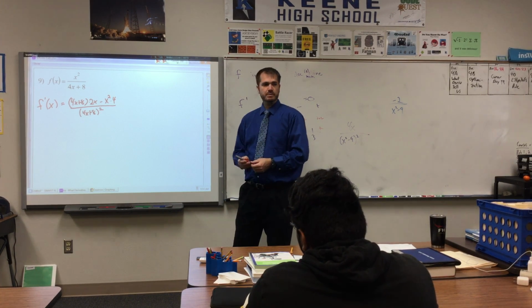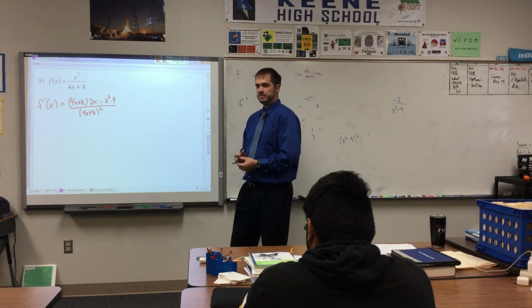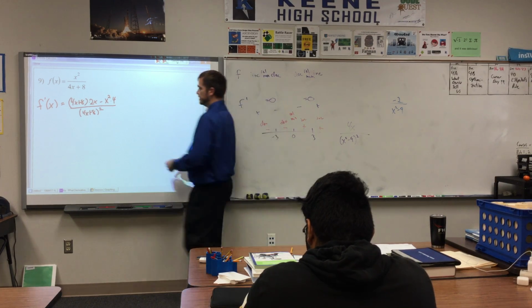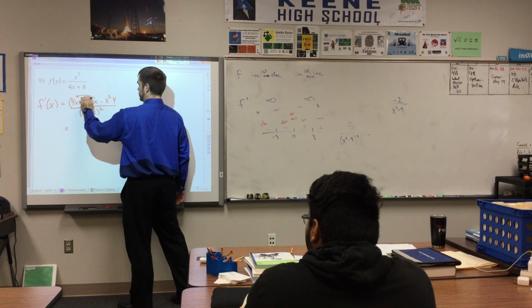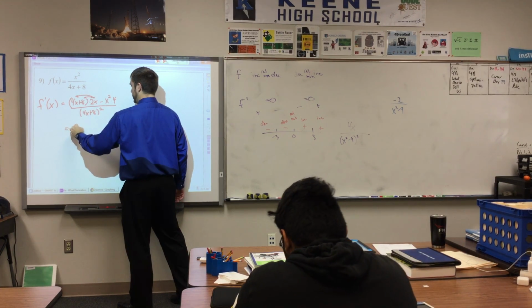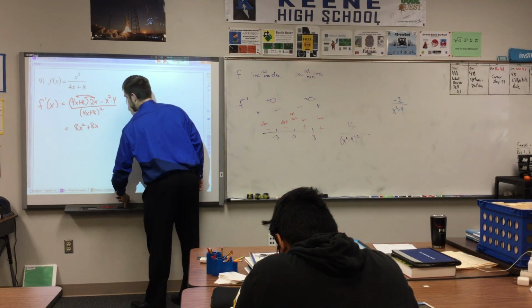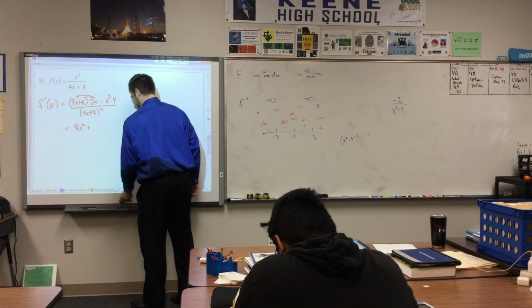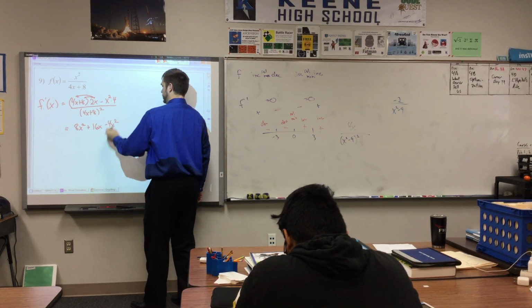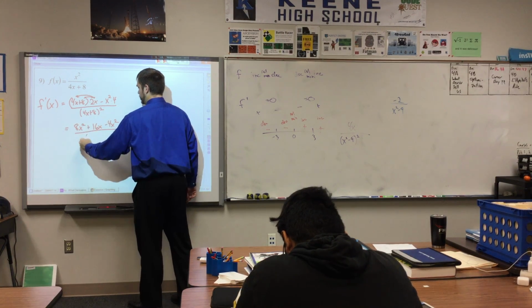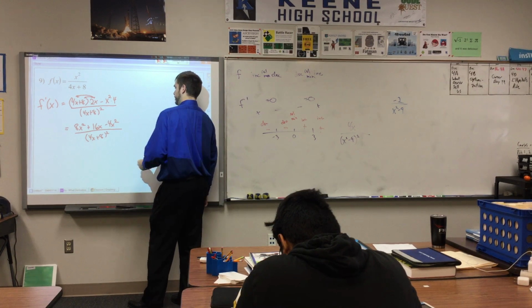At this point, it's going to be advantageous for us to do a little bit of algebraic simplification. Alright, so let's go ahead and do that. I'll distribute the 2x. So we've got 8x squared plus 8x, plus 16x minus 4x squared all over. Denominator is fine, 4x plus 8 squared.